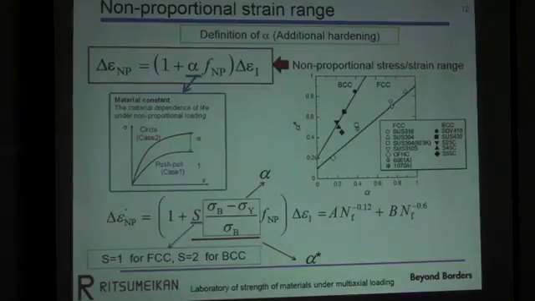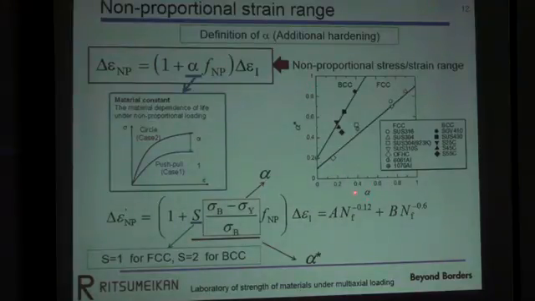This alpha is dependent on the crystal structure. For example, for FCC materials, the additional hardening and the alpha in this equation take the same value. However, for BCC materials, this alpha is a little bit different. For example, this is the comparison of the alpha.